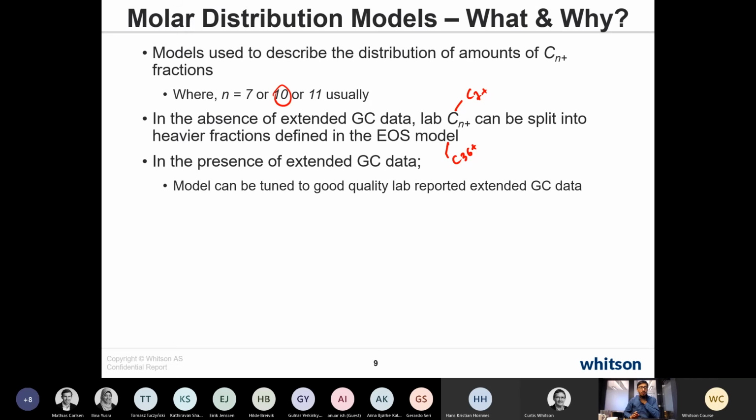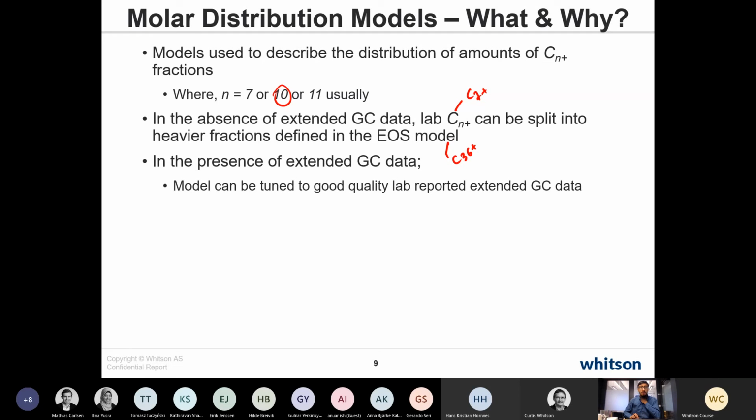But now, when we look at the PVT reports and get the GC analysis, we usually get extended GC data, until C30 plus or C36 plus. We know that even though that data is measured in the lab, it has uncertainties due to reasons that we discussed before, mainly baseline shift and internal standard in the flash oil.